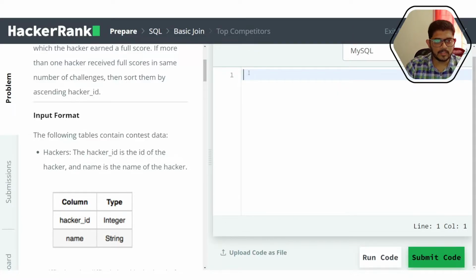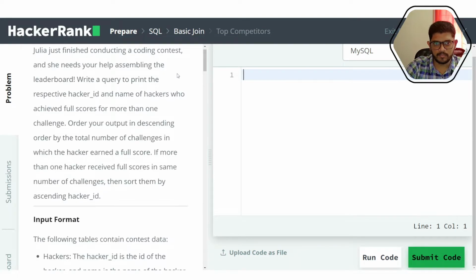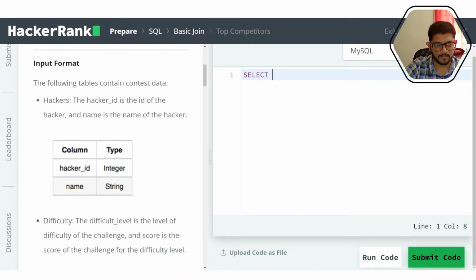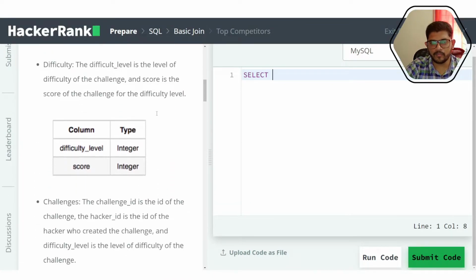Okay, so what is the output? They very clearly stated we need the hacker ID and also we need the name of the hacker. So this is what we are going to select. Select hacker ID from where we are supposed to select.